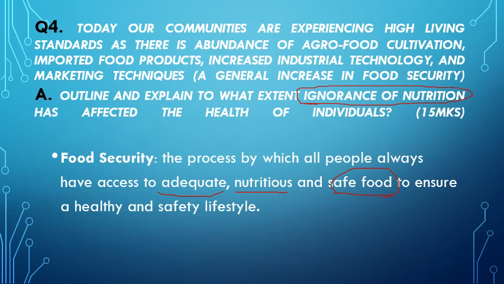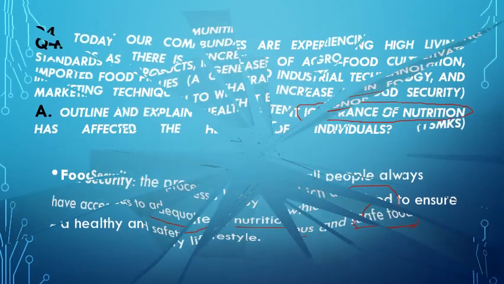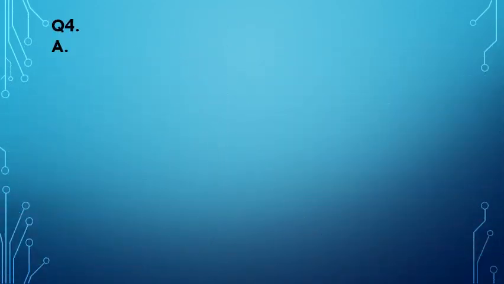So that is the key behind this question: how your ignorance affects your health. The food is already there, but how does your ignorance affect your health? So let me move now straight to proposals.